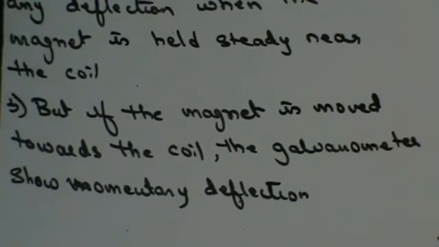Right? Now, if the magnet is moved away from the coil, the galvanometer shows a similar momentary deflection.